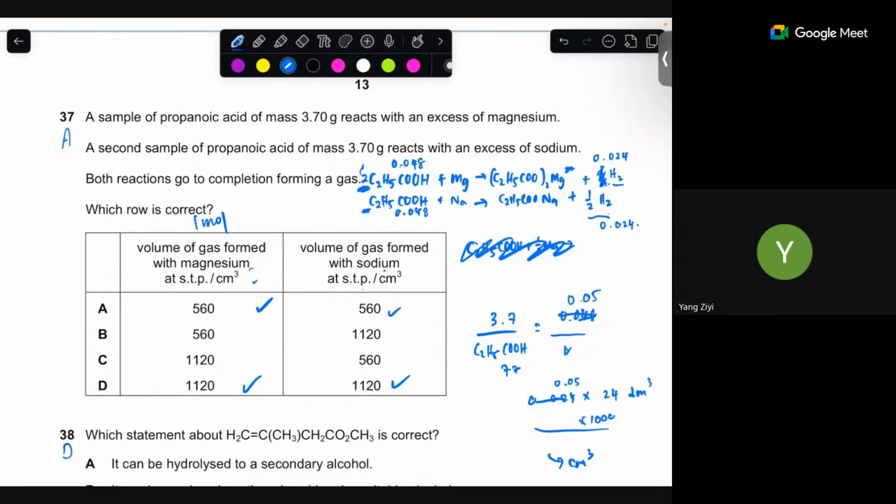All times 1,000 is 600. Around there, because we simplify it. So the answer should be around 560.